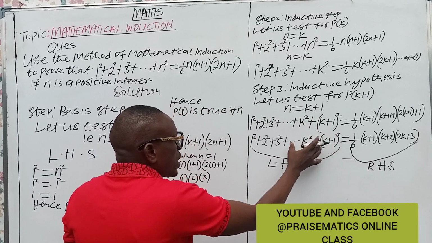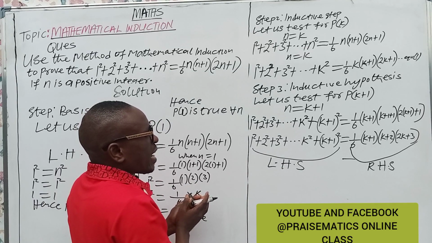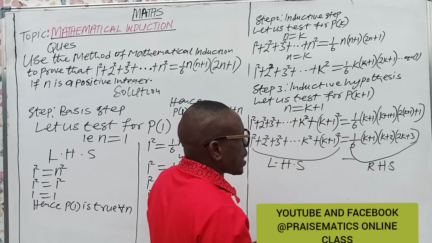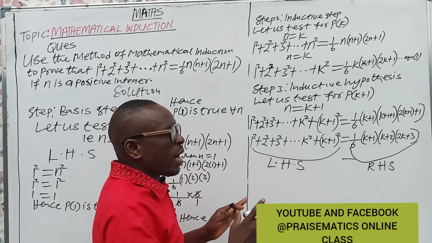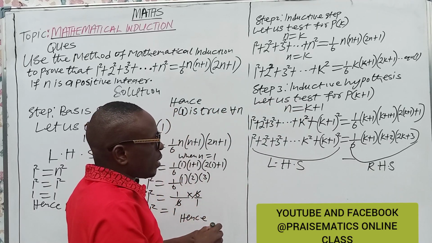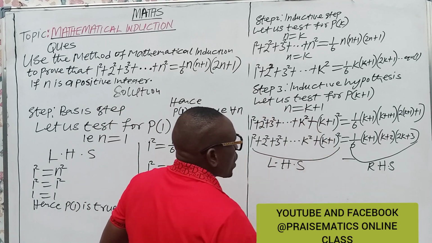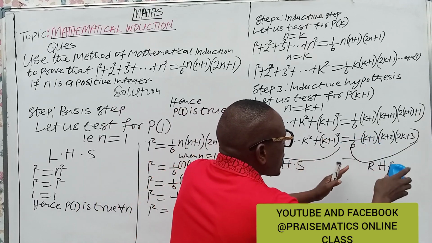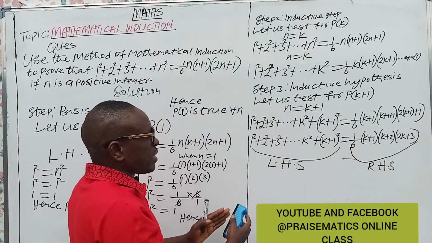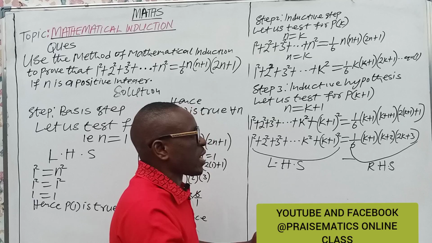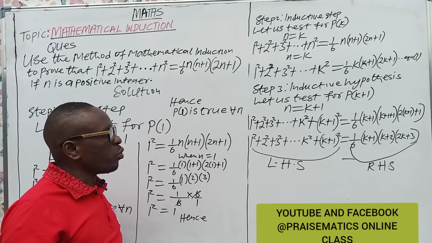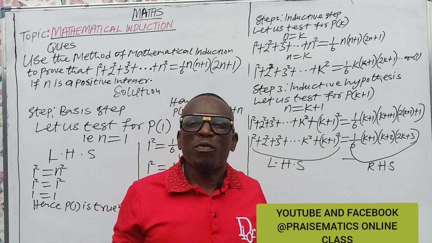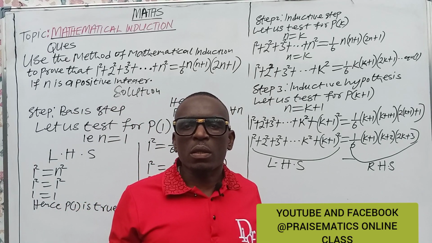If we expand the left hand side and the right hand side, and after everything we have the same answer, we now know that P of k plus 1 exists. But if the answer in the left hand side is not equal to the answer in the right hand side, you now know that P of k plus 1 does not exist. That means the principle of mathematical induction cannot work on it.